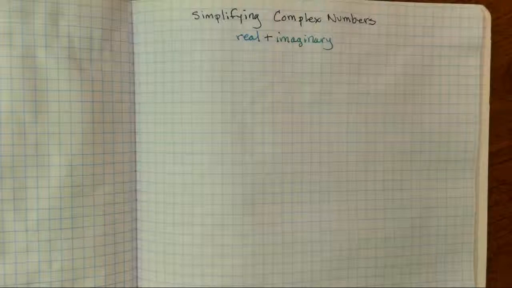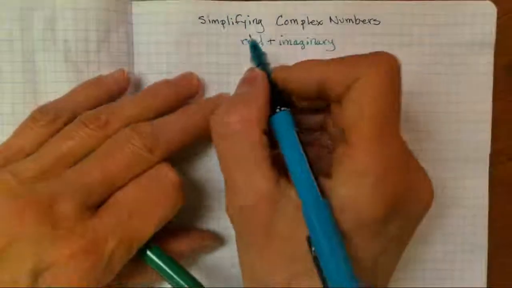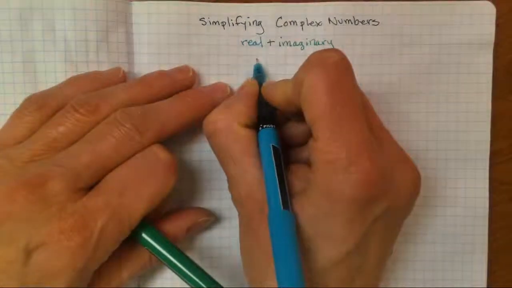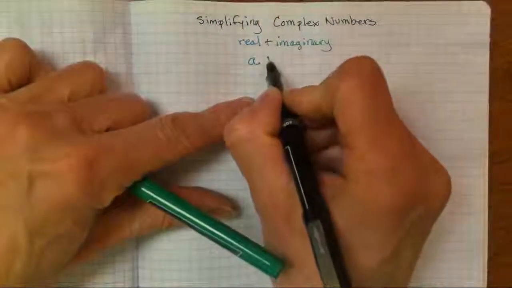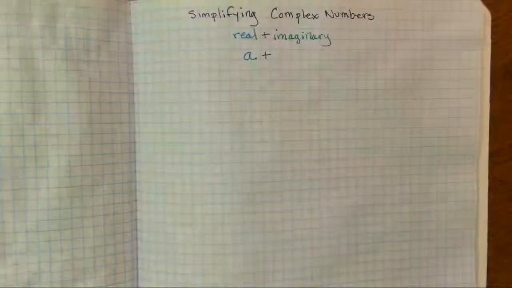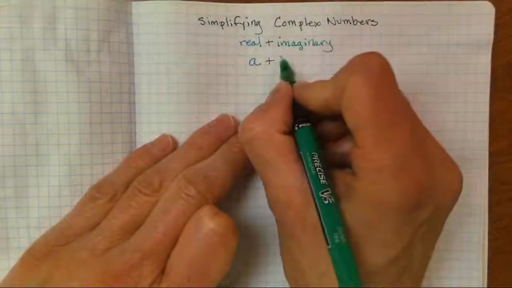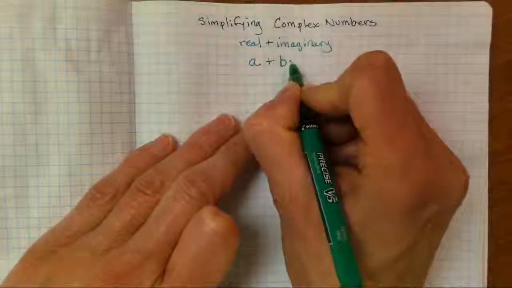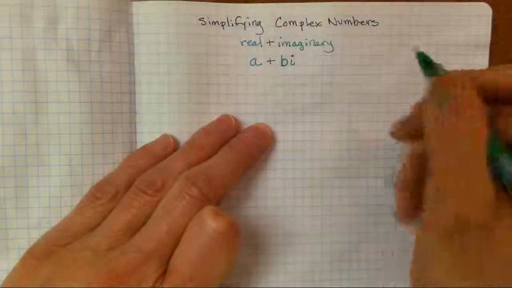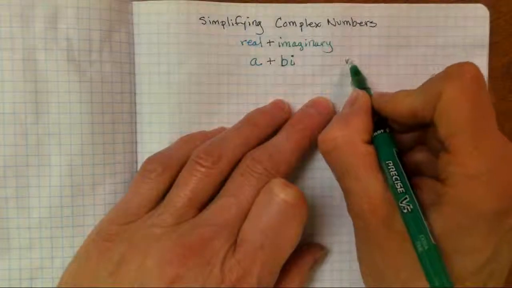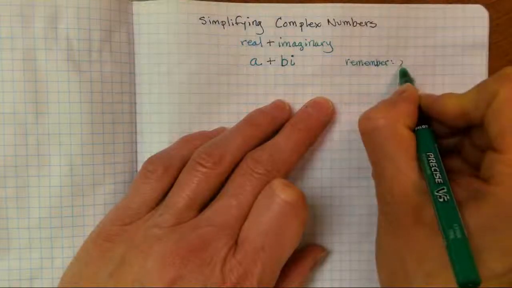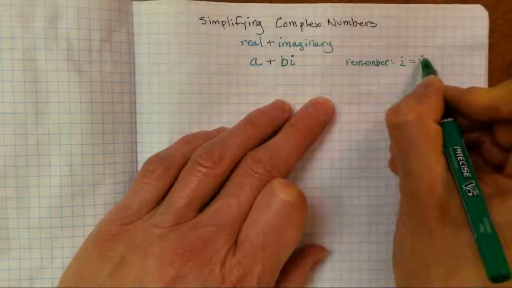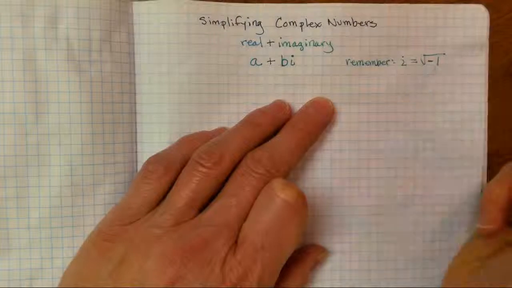So the way we're going to look at this is our real would be identified as A, as in some real number, plus some imaginary number, which we would think of as some number B times I. And let's remember that I is equal to the square root of -1.